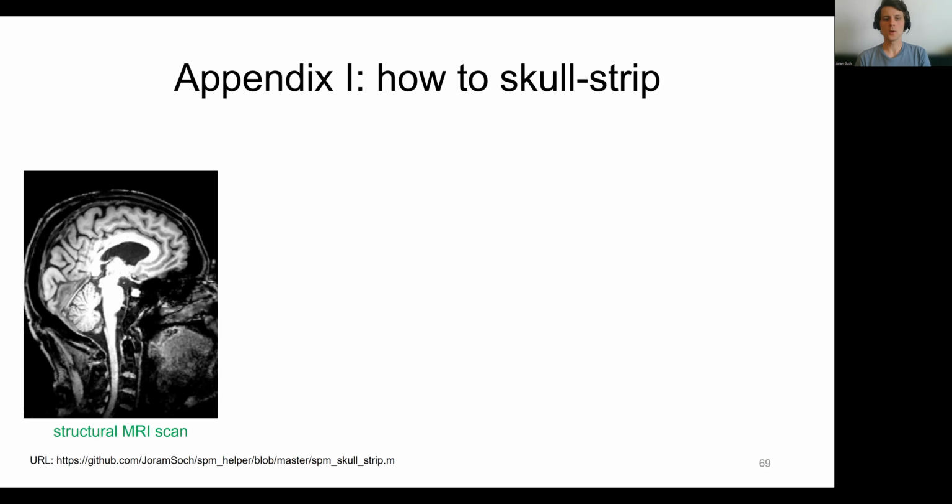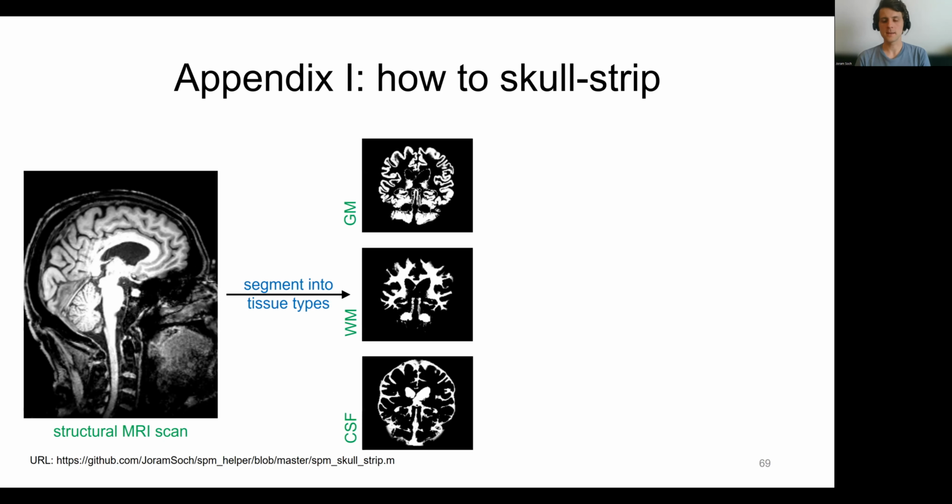So if you take your structural MRI scan and segment it into tissue types, you get one tissue probability map for each tissue type contained in the image.